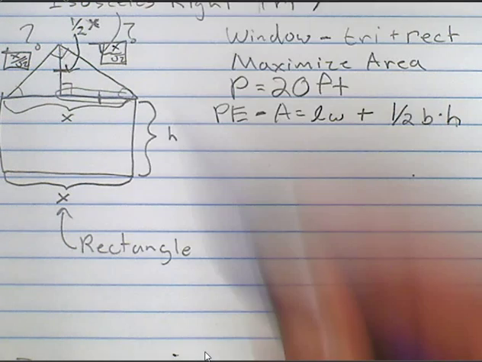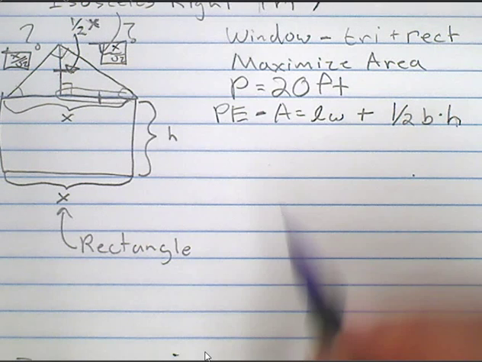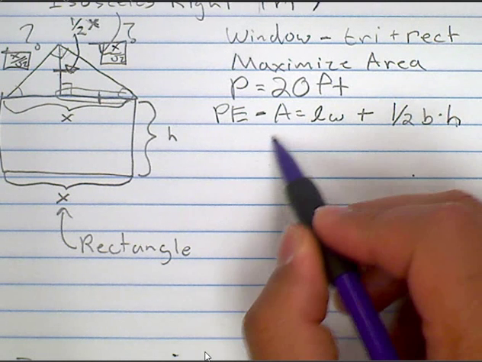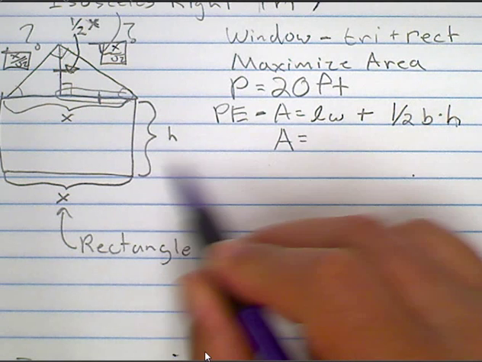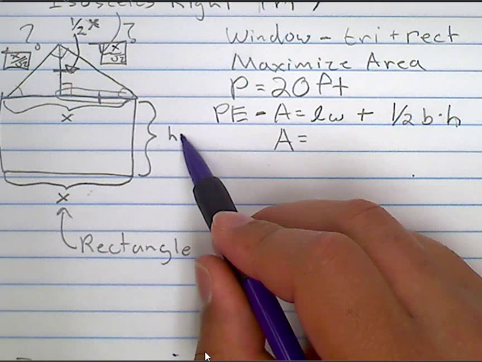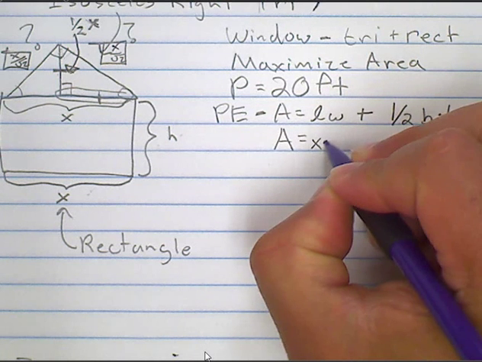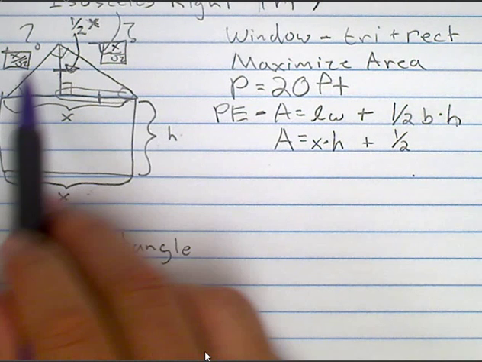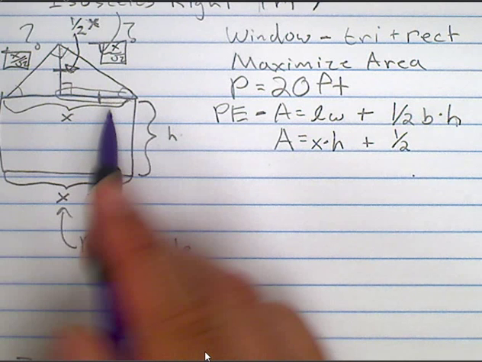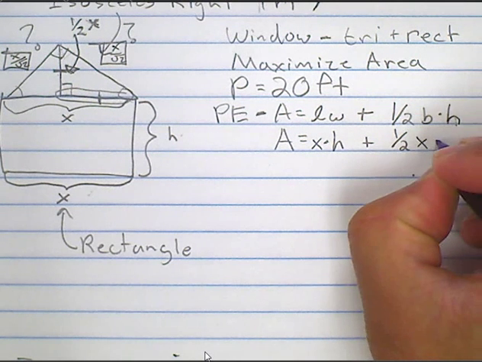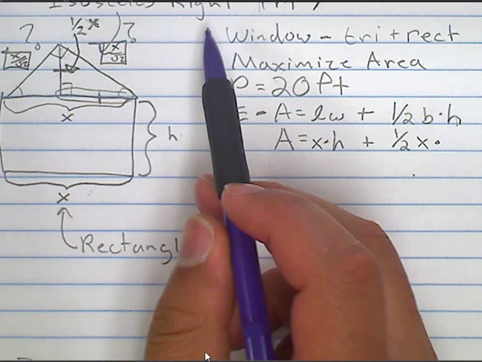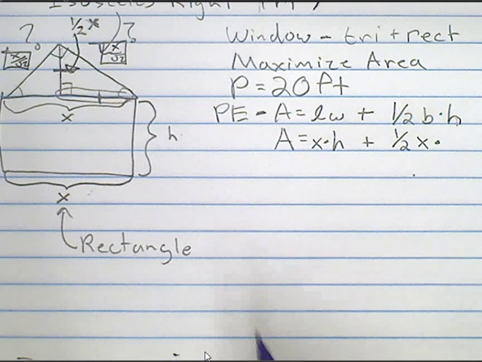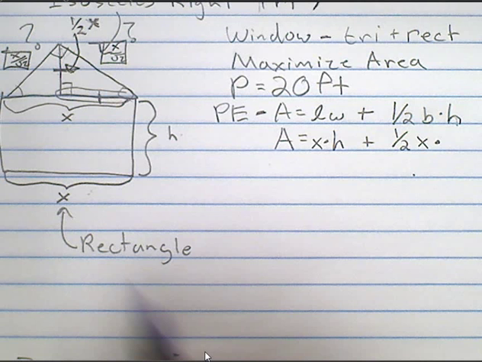Let's go ahead and label these. The area of the rectangle was length times width, but we switched it to x times h. So x times h plus 1/2 times the base of the big triangle, the whole thing, which is x, times the height of the triangle. Since it's an isosceles right triangle, the height is 1/2 x.